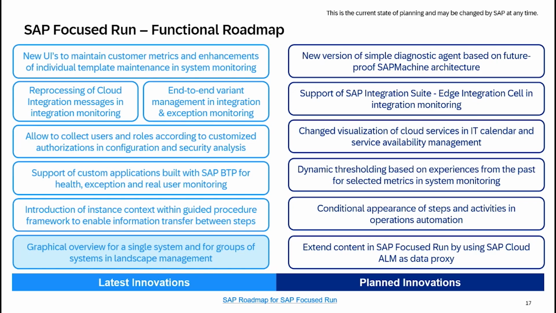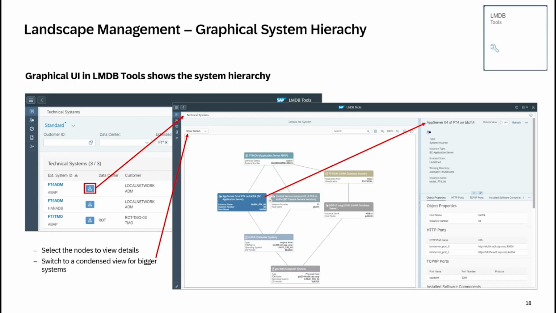Next thing that I wanted to bring to your attention is this graphical overview for a single system and for groups of systems in the landscape management service, a dedicated tile in the Focused Run system as well. And here's already a screenshot from it. So you can select a certain node and then you see the details.